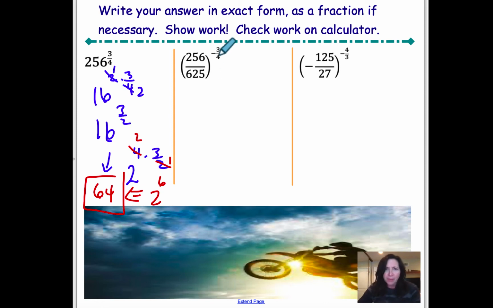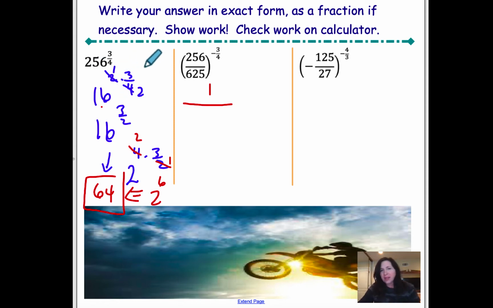For this problem here, we have negative 3 over 4. Again, you do have to distribute it. It's just a matter of when you want to do that. I'm going to do it in the beginning. So 256, again, we just did this. How many 2s is that? 16 squared, so 4 and 4 is 8.